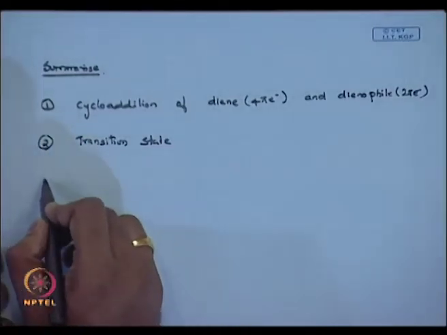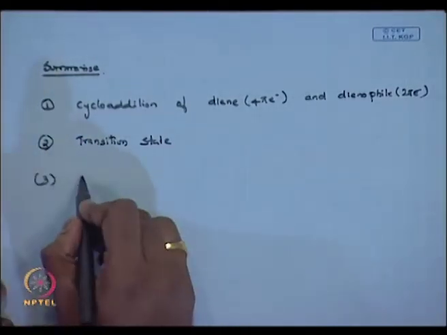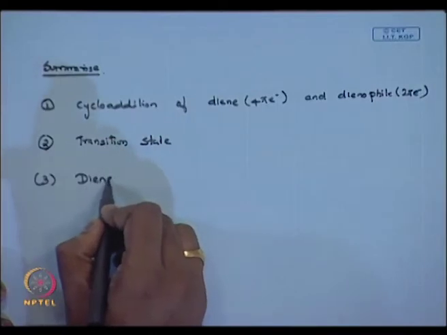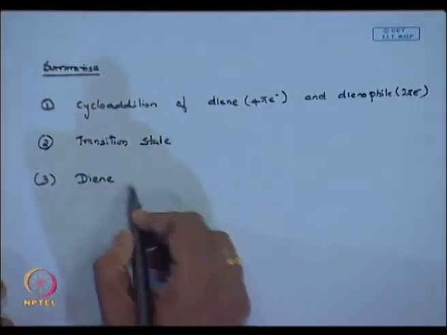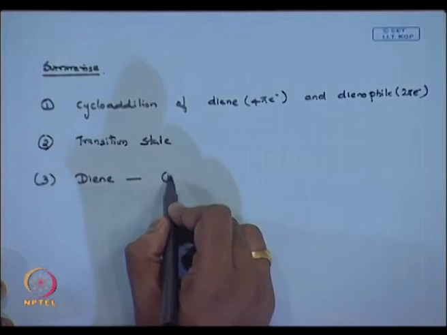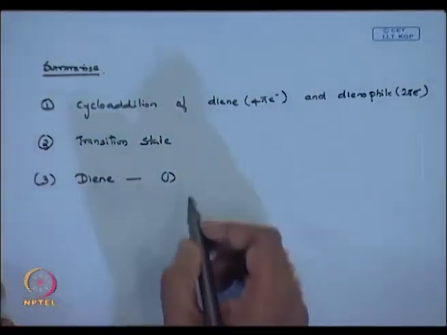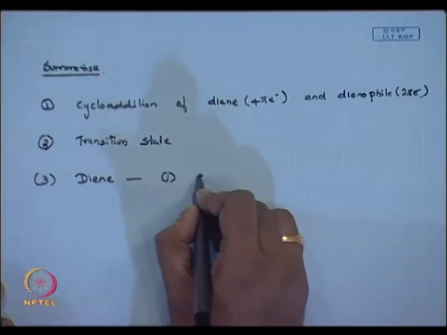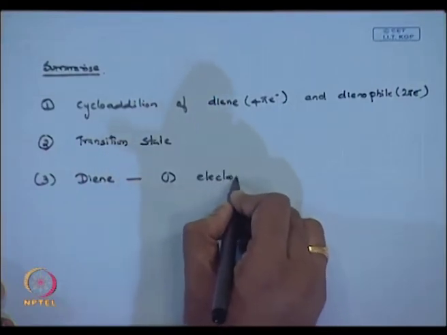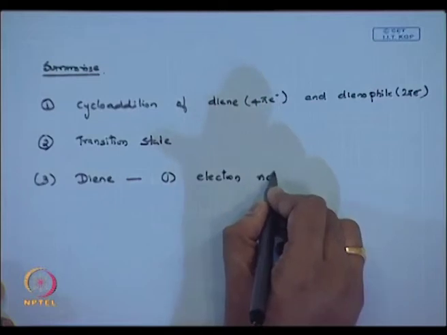Then we went to the third important part. We understood this about your diene. We found two conditions are necessary for a diene to do Diels-Alder reaction. One, it should be electron rich.